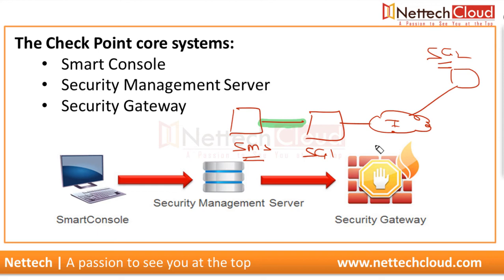But what about managing security gateway 2? Security gateway 2 is not local, right? Traffic needs to pass through this local security gateway 1, between SMS and SG2. So between SMS and SG2, there are various communication ports, and they need to be allowed on security gateway 1.